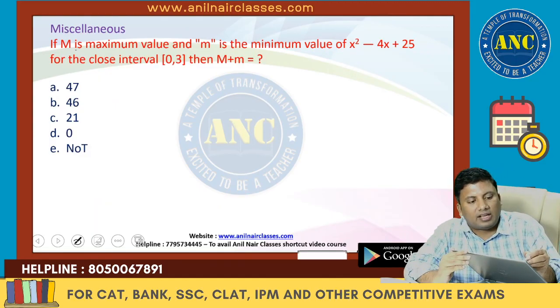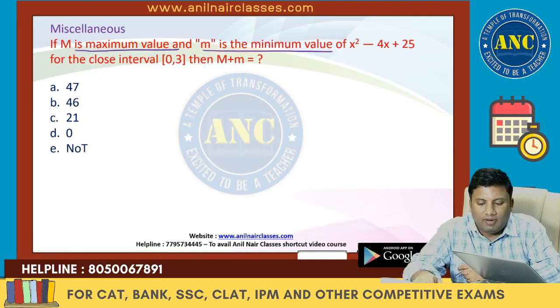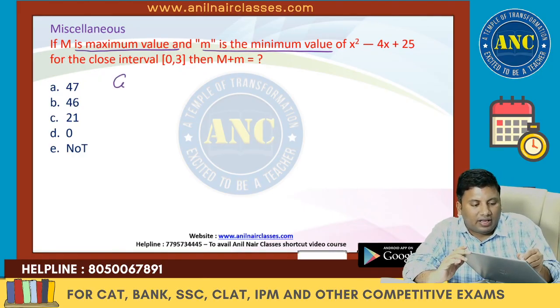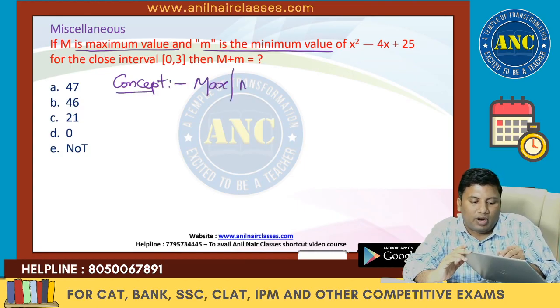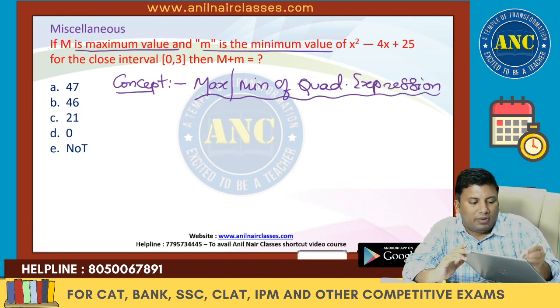M is the maximum value and small m is the minimum value of x square minus 4x plus 25. Concept: already we discussed the maxima and minima of a quadratic expression, and I discussed in detail how to determine them. We will just write down ax square plus bx plus c.